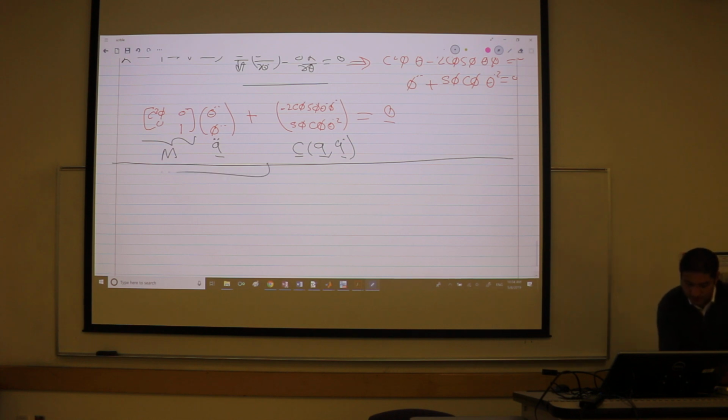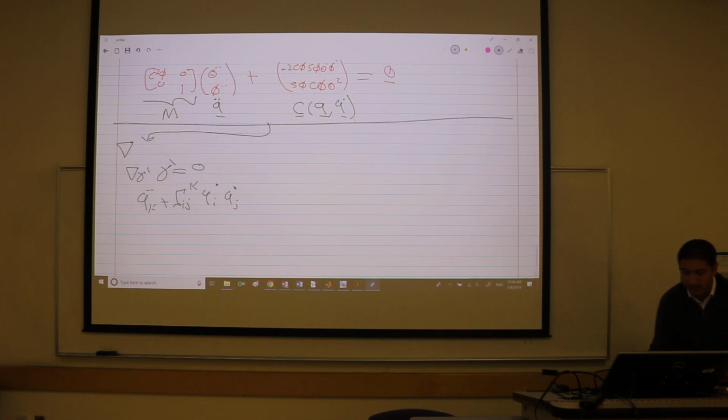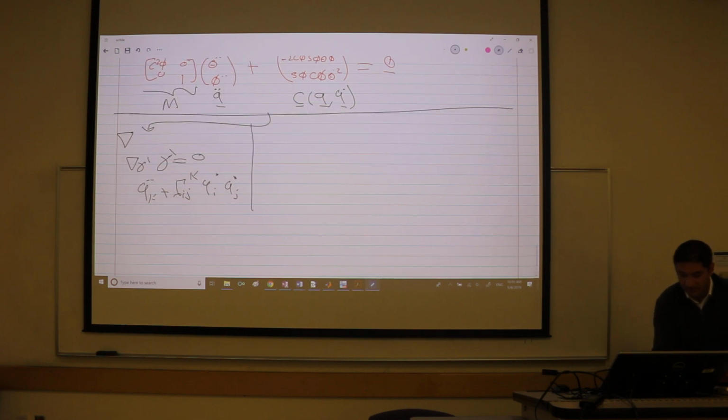So if you start with nabla, just the covariant derivative, nabla gamma prime is 0, or q k double dot plus gamma i j k q i dot q j dot, you get a geodesic, a straight line from the derivative perspective. Or you start with a G that is compatible with nabla, and you minimize the energy of the curve based on that G, you get exactly the same equations of motion.